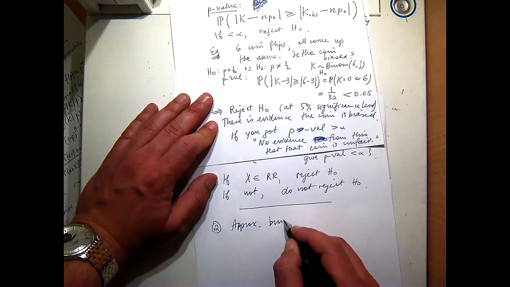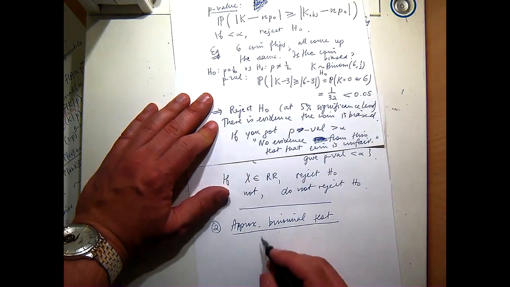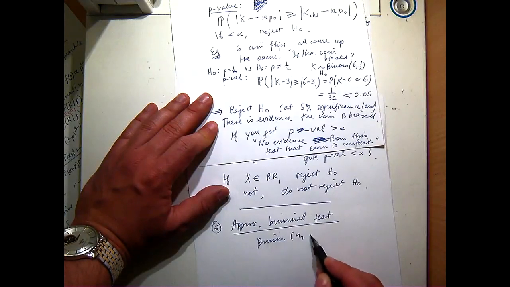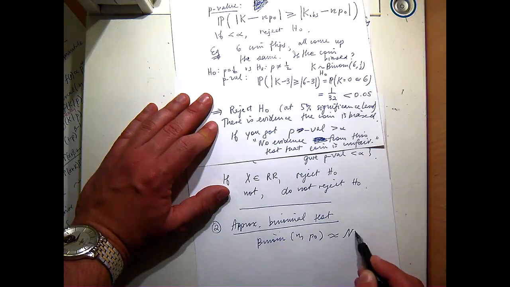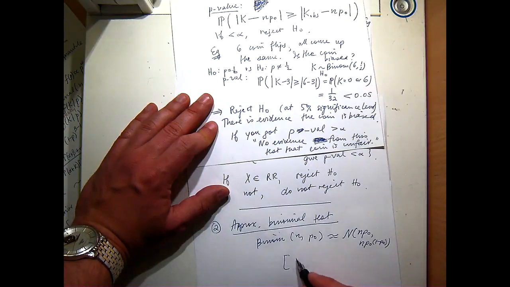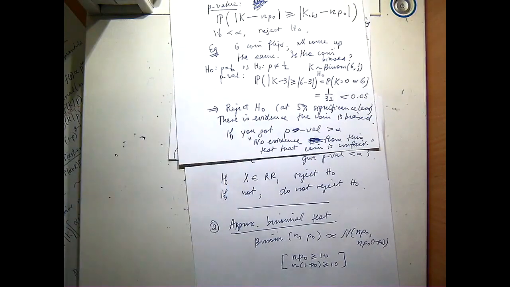The approximate binomial test relies on the approximation that the binomial is approximately normal with mean np0 and variance np0(1 minus p0). We know that. And you do want to test your hypotheses with np0 at least 10 and n(1 minus p0) at least 10. That's a rule of thumb, but it's a rule of thumb for a good approximation.